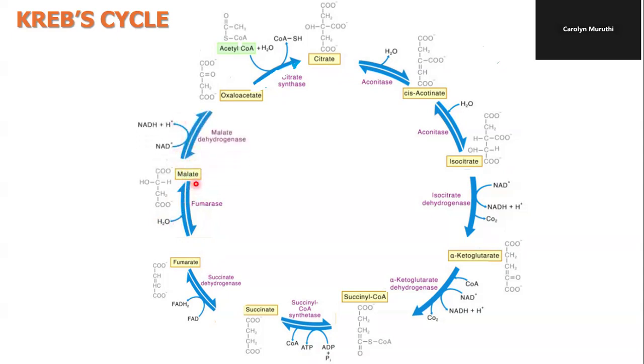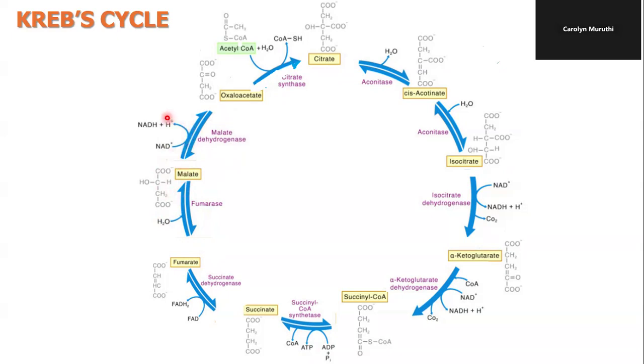And malate is finally converted back to oxaloacetate through the activities of malate dehydrogenase. And here we have generation of NADH, because NAD plus takes 2 hydrogens from malate to generate NADH.